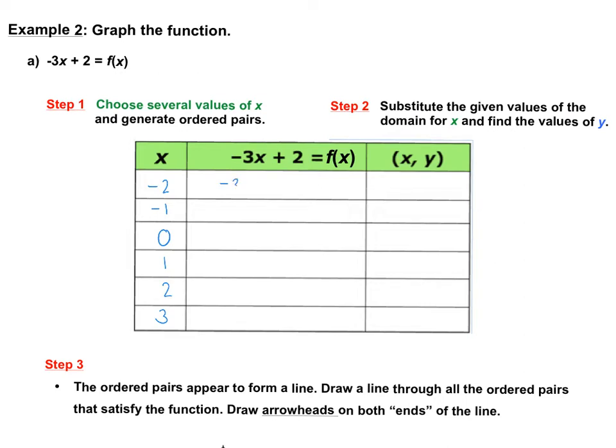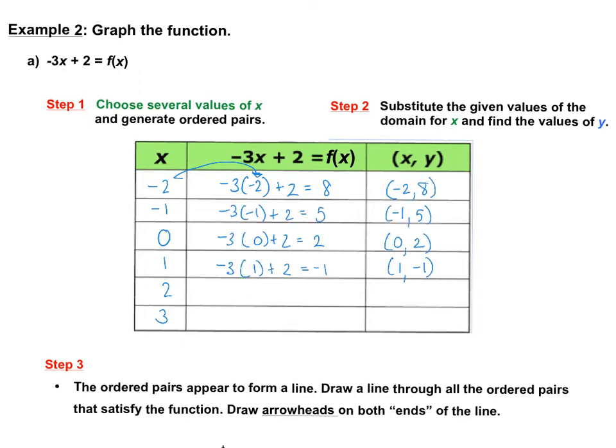So negative 3, I'm plugging in negative 2 from right here into the spot, plus 2, to see what this will equal. Well, negative 3 times negative 2 is positive 6, plus 2 is 8. So I end up with negative 2 for my x, which resulted in an 8 for the y. Let's continue this.